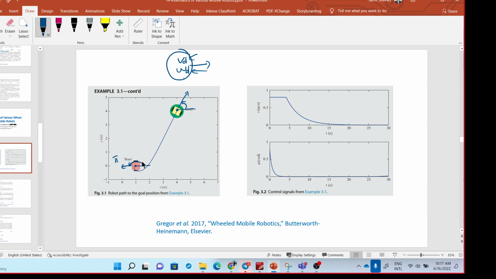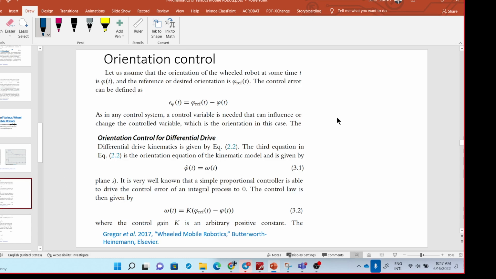Reaching the goal means the position of the robot reaches the reference position, and the orientation of the robot reaches the reference orientation, for example like this. So first let's take a look at the orientation control.